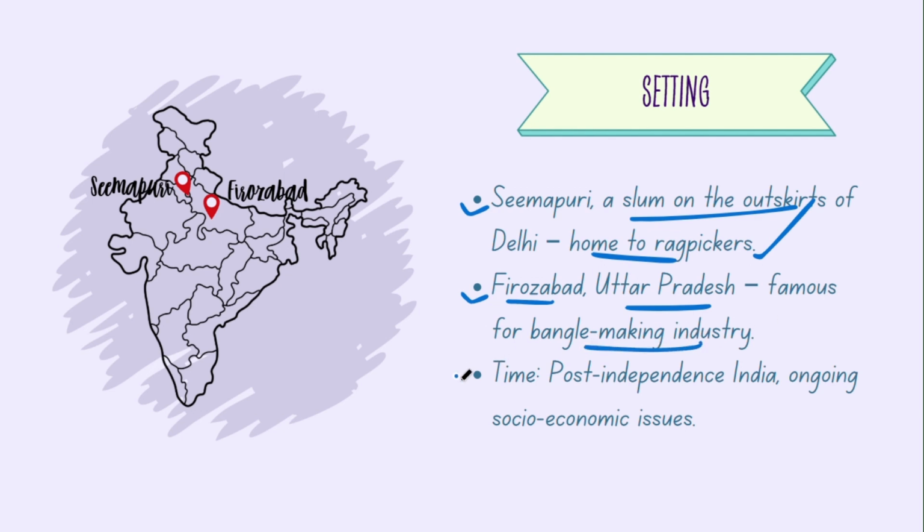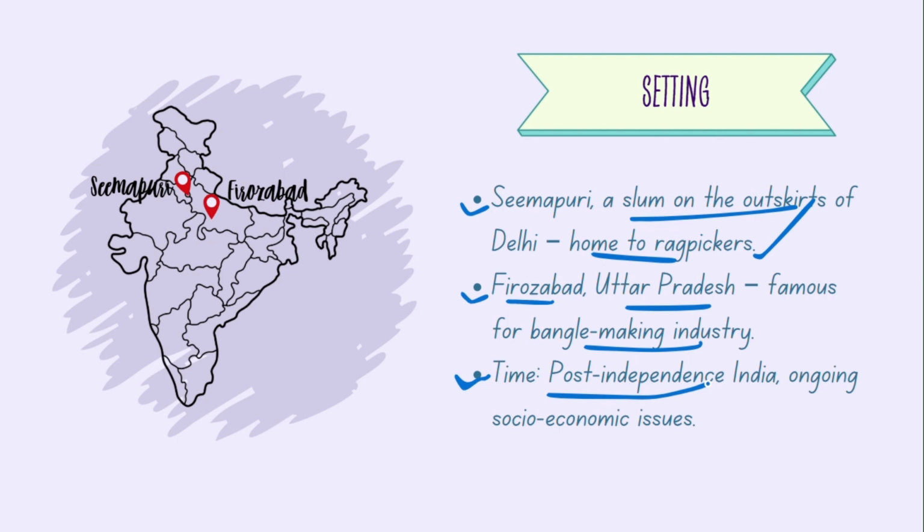Now the time for both the stories is the same, that being the post-independence India, which was witness to socio-economic issues because the British had just left and they had left India in a very poor condition.